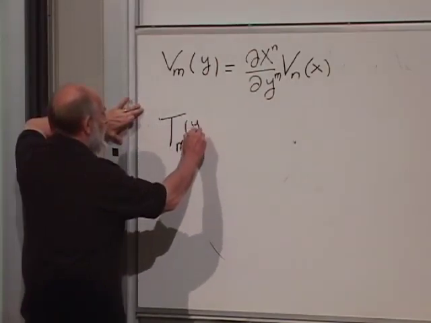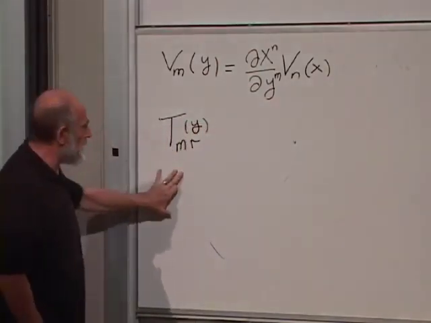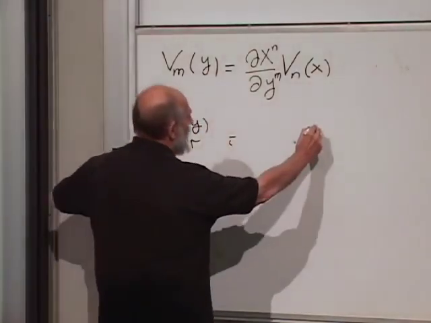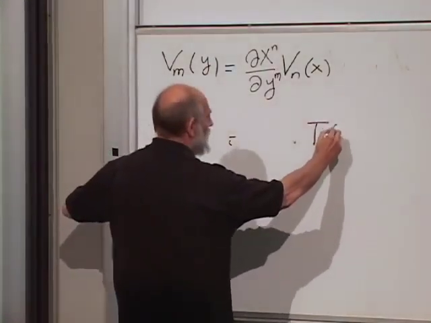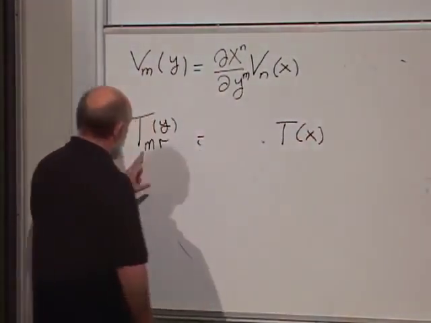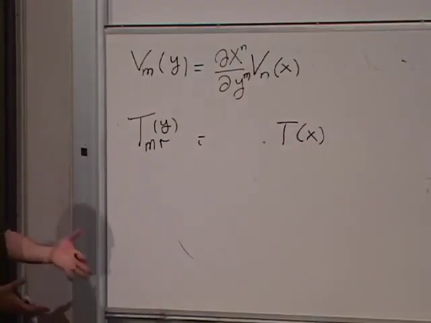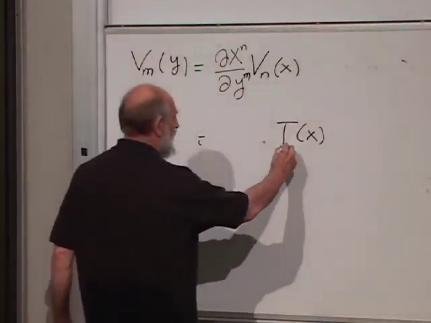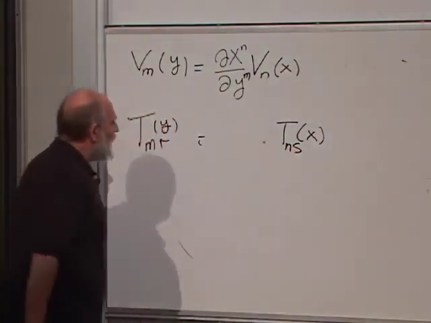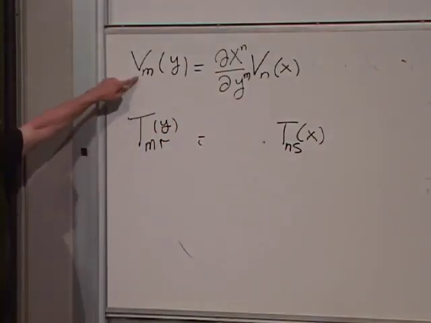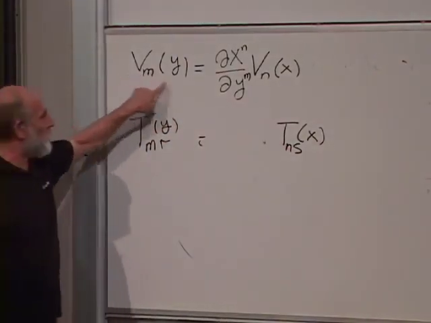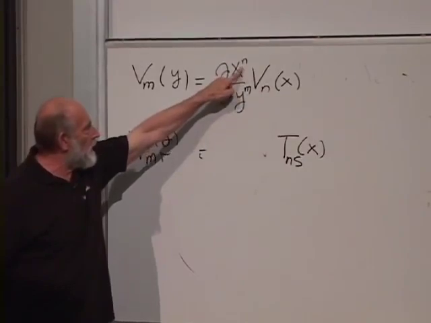This is t in the y coordinates. We're going to relate it to t in the x coordinates. Not mr, but we better choose some new indices, let's call it ns. And now, just as over here, to relate the m index to the n index, we need dx.